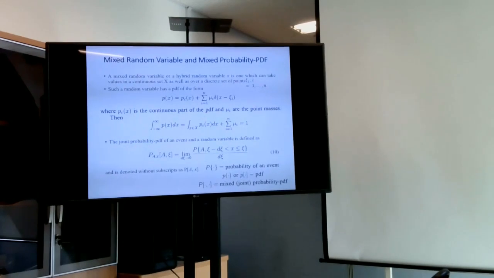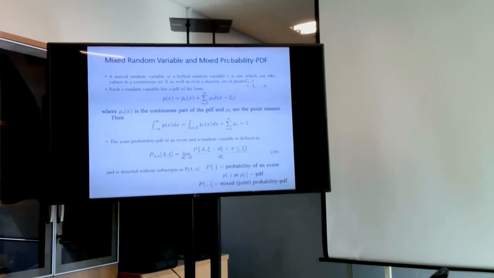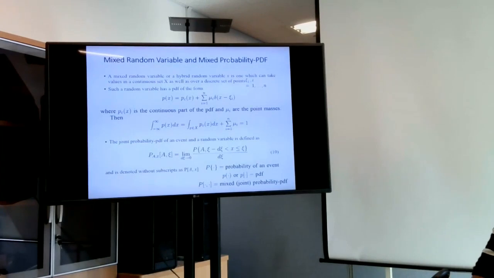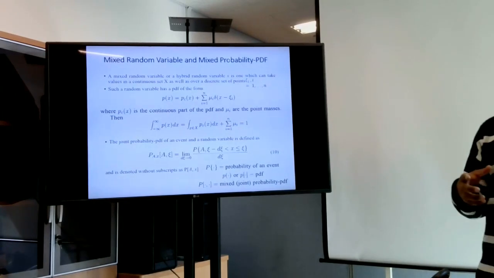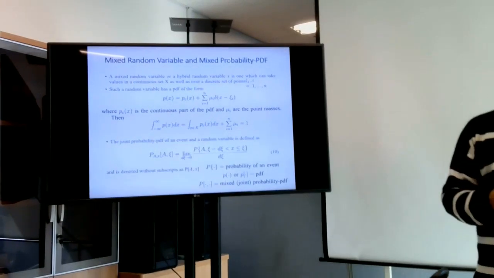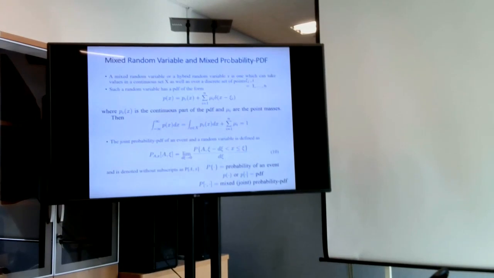Then what is a mixed random variable? A mixed random variable is a hybrid random variable, where two kinds of points meet at the same point.